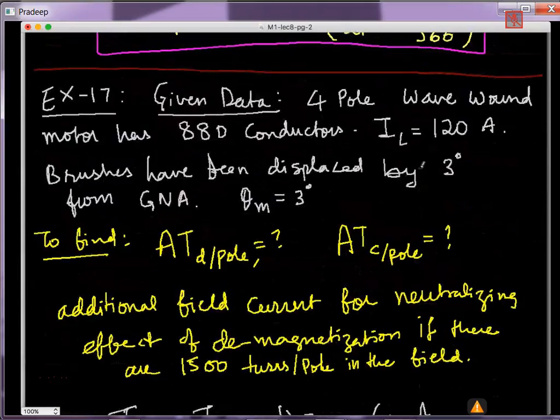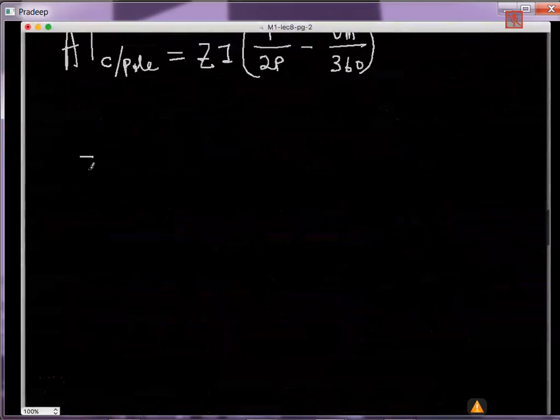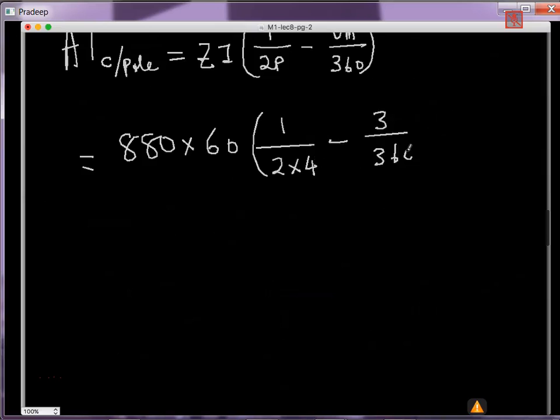So using this formula, I get Zi, 880 into 60, into 1 by 2 into 4 minus 3 by 360. This is the entire calculation. If you do it, you will get something like 6160 ampere turns. So this much of ampere turns are there for the cross magnetization effect.